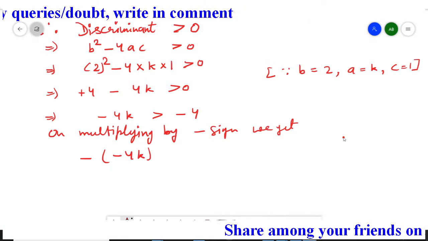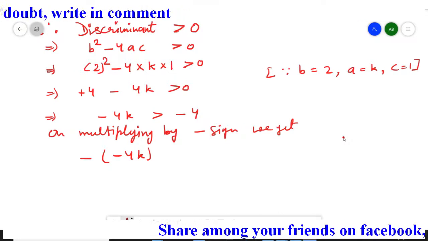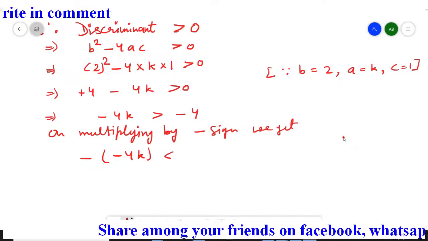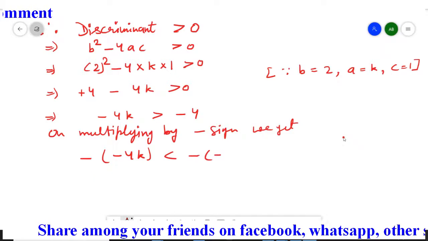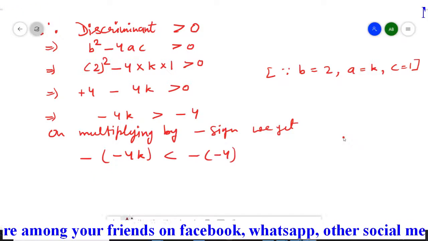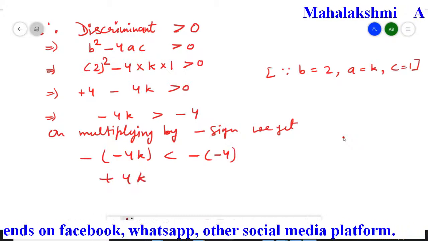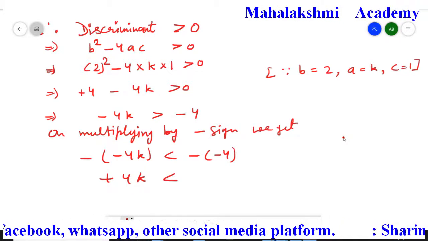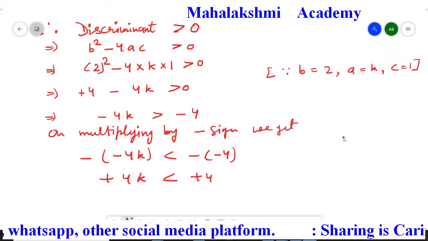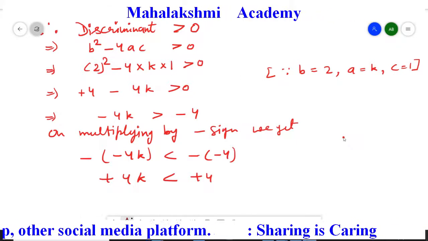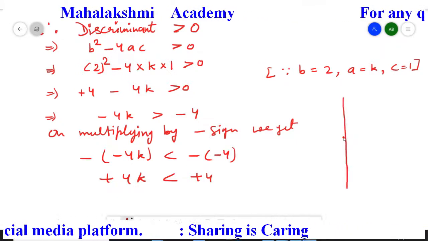Then the inequality reverses. Reverses means whatever the symbol is, greater than will change to less than. Then minus multiplied by minus 4. So it's going to be plus 4k less than plus 4. Now in the rough column you will understand why it happens so.